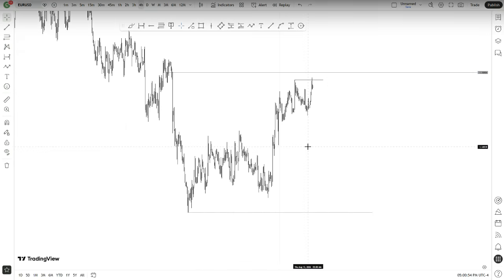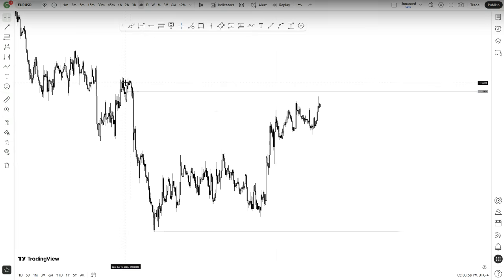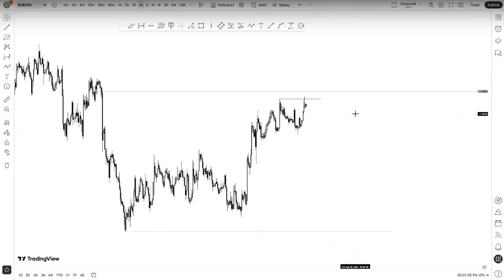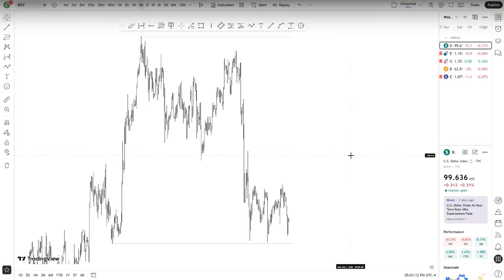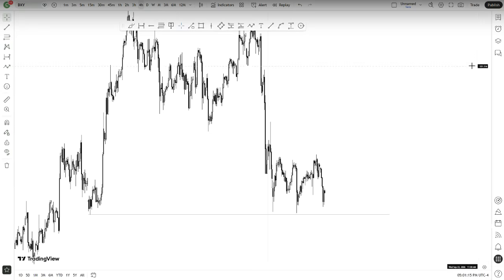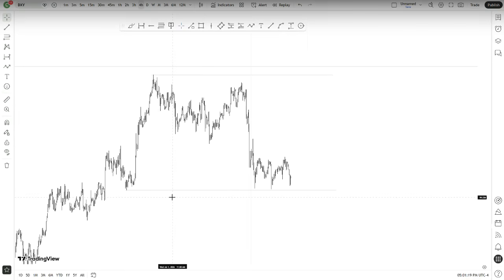So potentially price might come all the way towards this high if you look at it in the lens of ranges. But the reason why I don't want to see this high being totally shifted is that I am seeing possibilities that DXY is actually going to give us this low being totally shifted.